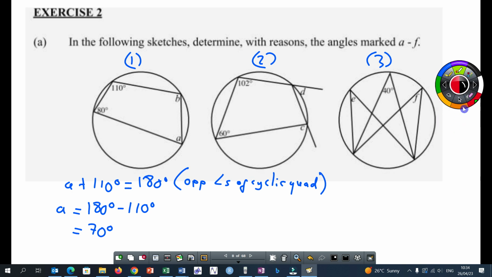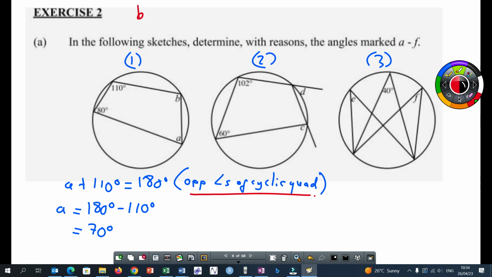That's pretty straightforward. The reason is this: you only give one reason here, opposite angles of a cyclic quad. To find B is the same.